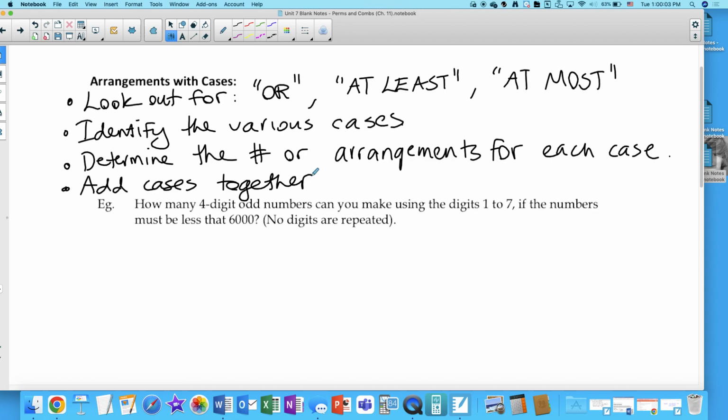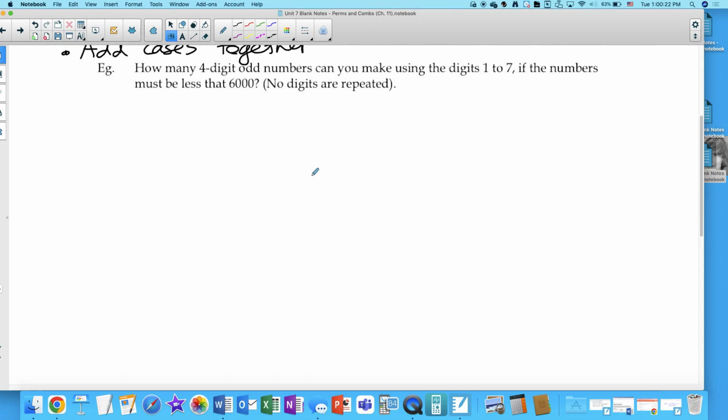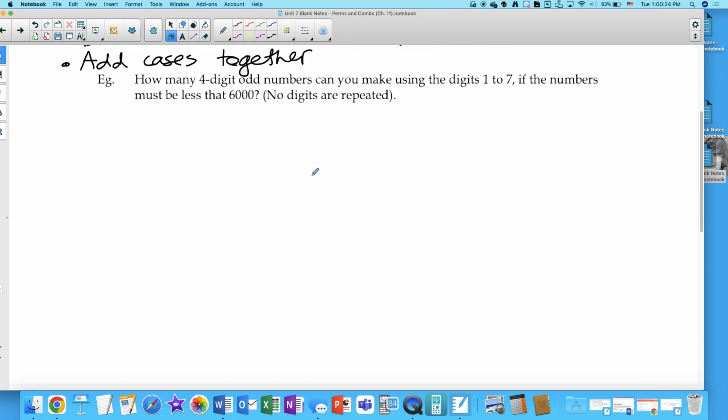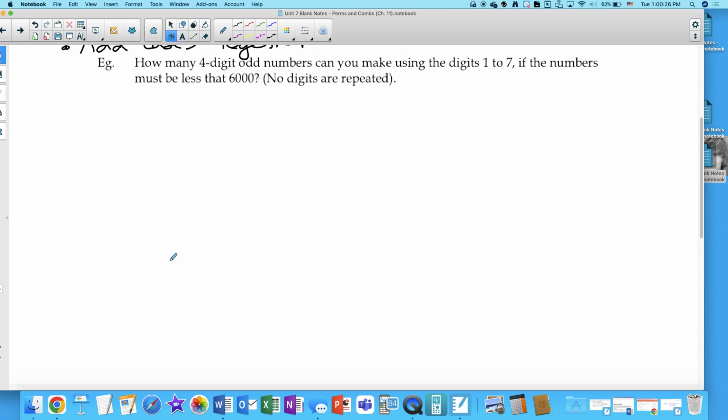Okay, so we're actually starting out with quite a difficult question with cases. An easier question, maybe I'm going to add in an easier question because this one is quite hard. But an easier question, I'm going to add in another one, would be something like the pizza example.